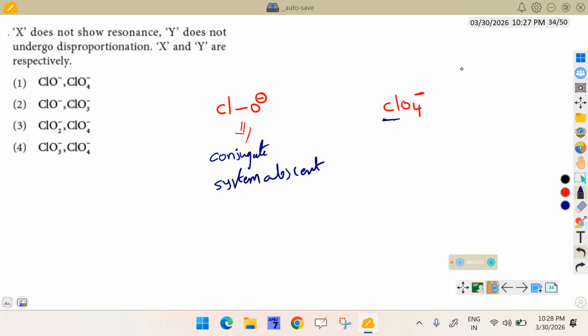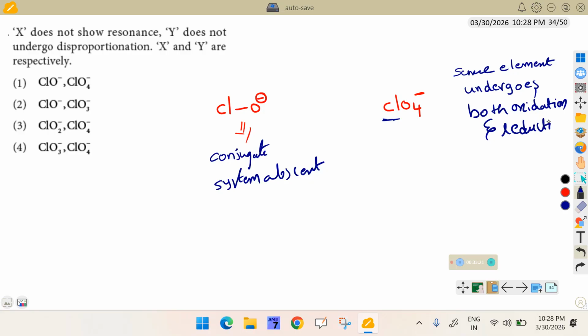Disproportionation case: the same element undergoes both oxidation and reduction. Then the reaction is said to be a disproportionation reaction.